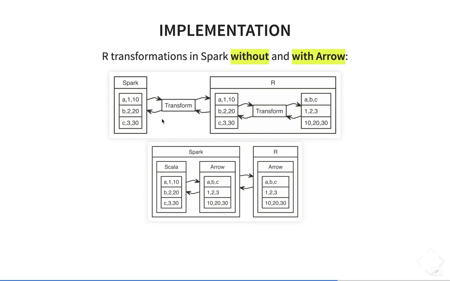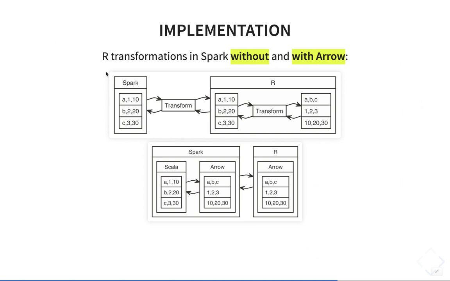So how is this interesting for Spark and R? Today we're going to take a look at one particular function that takes advantage of Arrow, which is spark_apply. What this function does is it allows you to apply a custom transformation in R code to any Spark data frame.